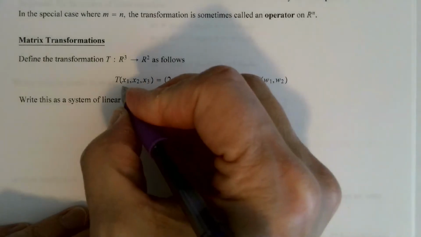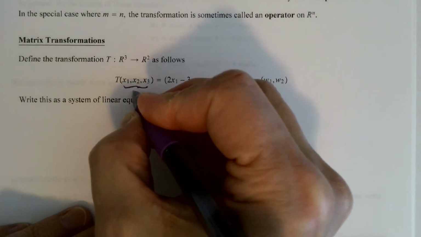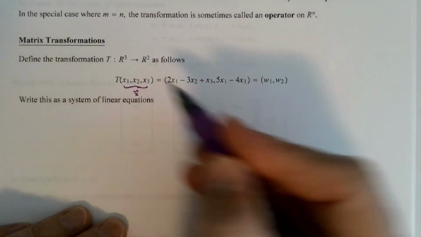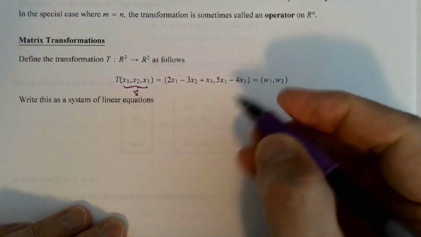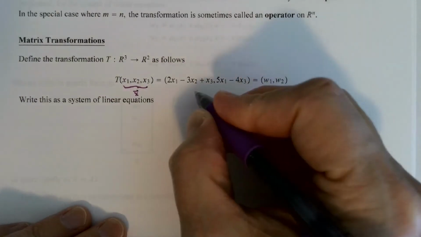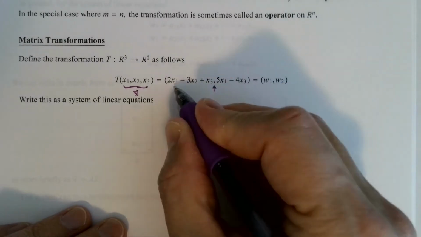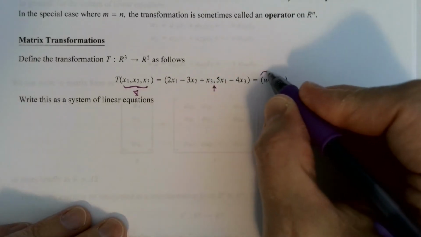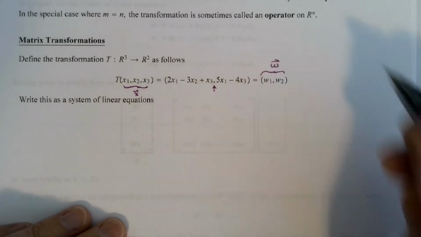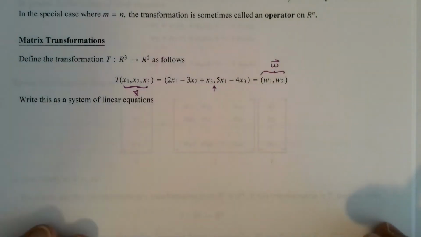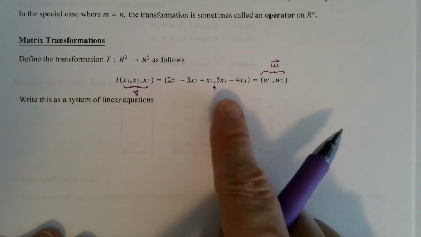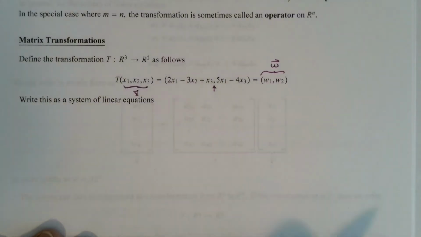This is the vector x, which is an ordered triple. It resides in 3 space. The output, we'll call that w1, w2. Do you see the comma right there? It's kind of hard to see that comma. This is the output, call that w. And so x resides in 3 space. Notice w, an ordered pair, resides in 2 space.